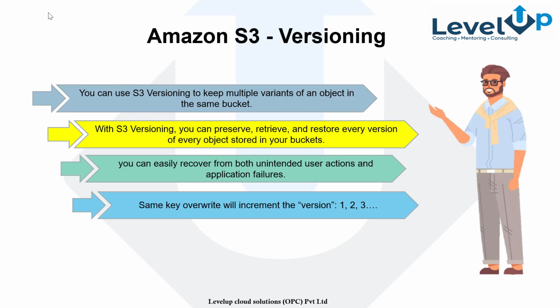That means, let's say I have a file named levelup.txt, I can upload different versions of the same file multiple times. You can easily recover from both unintended user actions and application failures. So why are we enabling versioning? If any user corrupts the data, we can go to a different version of the file where we have the data that we wanted.